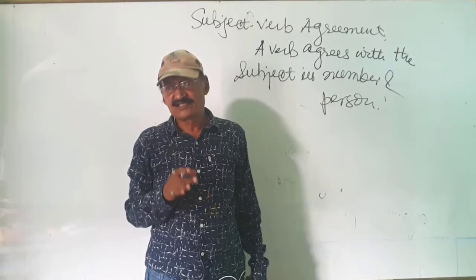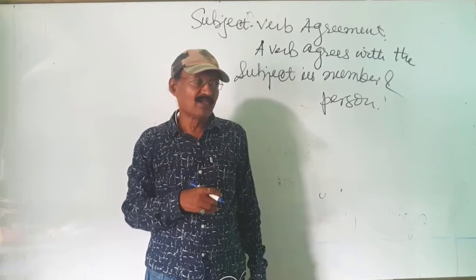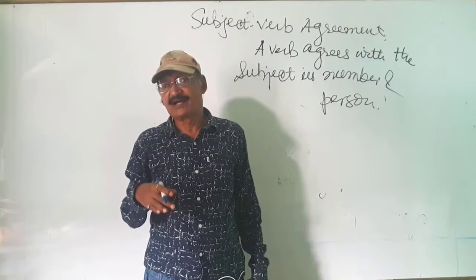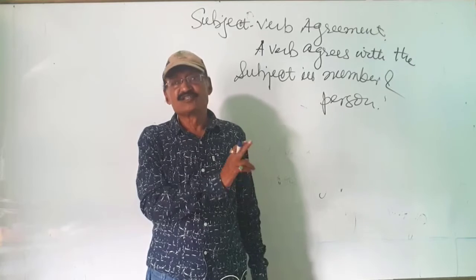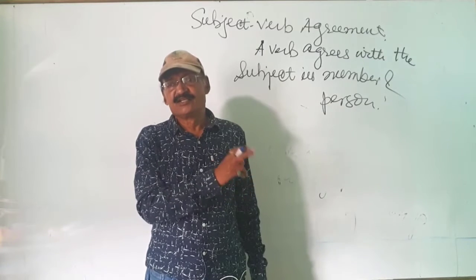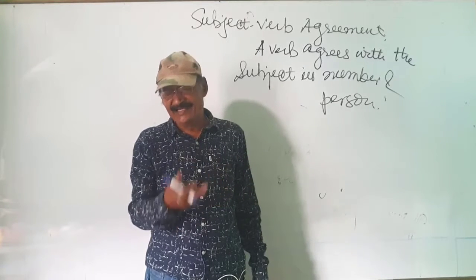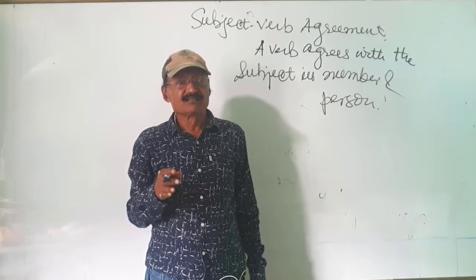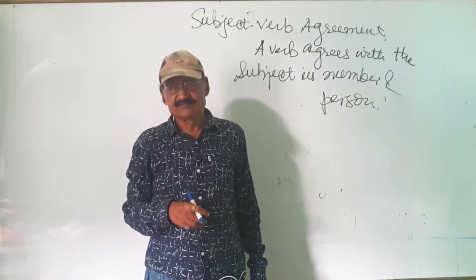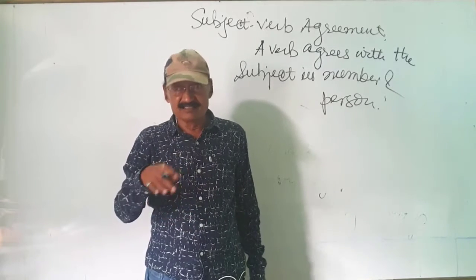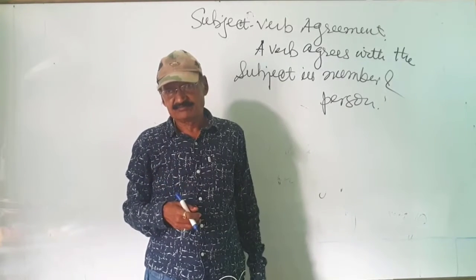Second person, singular number you and plural number again you. Third person, singular number he, she, it or any name, and plural they.